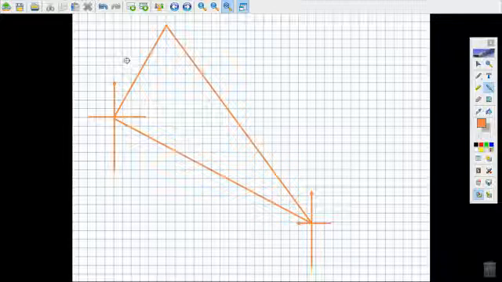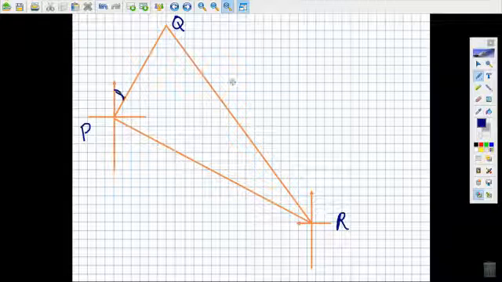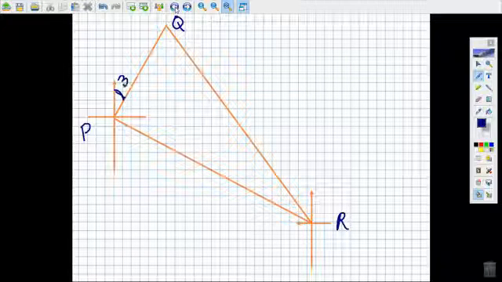So that is it. Labeling accordingly, here is our P, here is Q, and here is R. The angle here is 30 degrees and the angle here is 300.